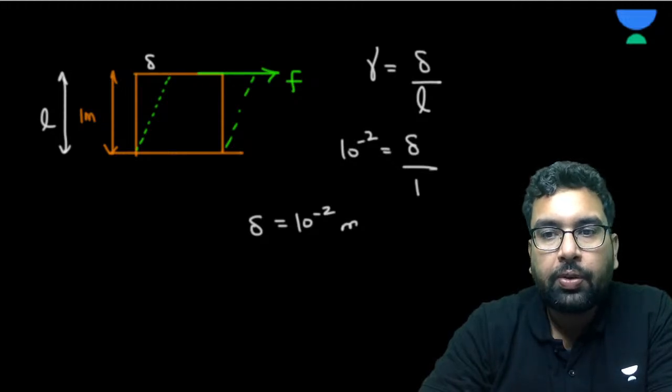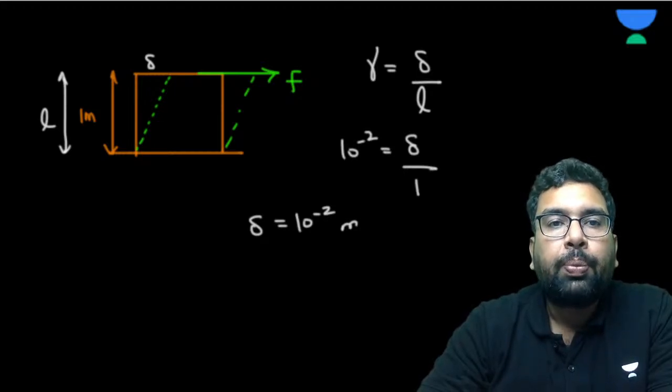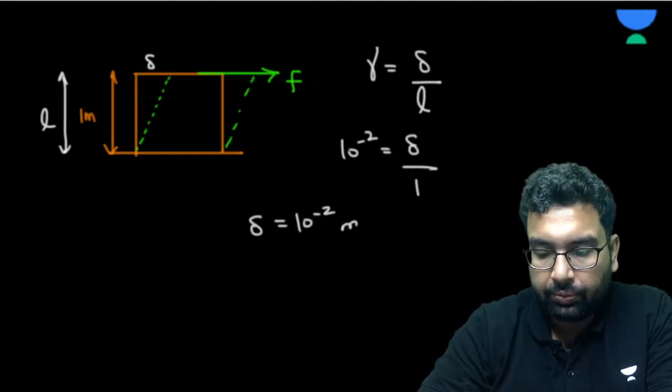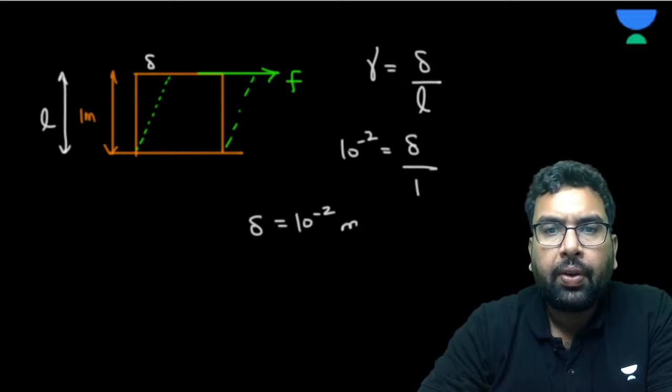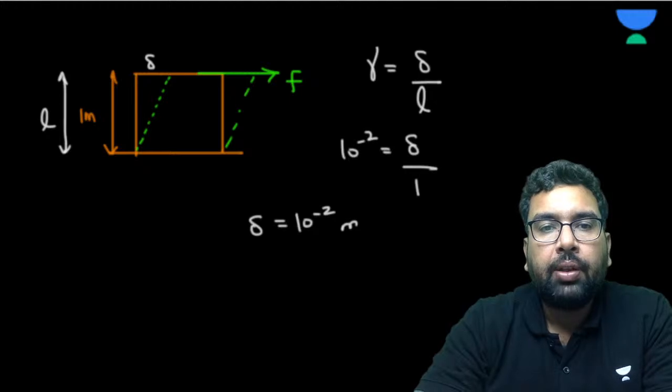Now let's do one more question. Did you understand this concept? Properties of solids, right? Okay, wonderful. So let's try one last, so that we will be more comfortable with this topic.